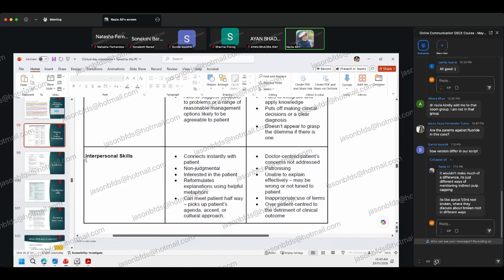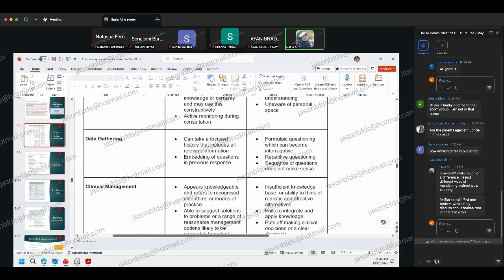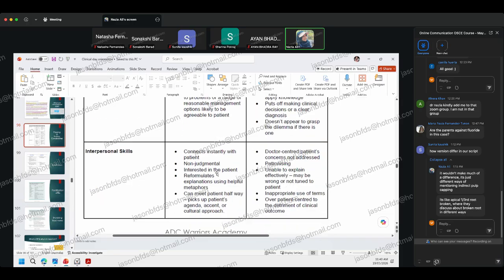And for interpersonal skills, they're looking at the traits of passing candidates. They're able to connect instantly, they're interested in the patient, they reformulate explanations, and they meet the patient halfway. Basically, you're guided by the patient. But doctor-centered is: let me finish this up, let me walk you through everything, let me tell you what is best for you.